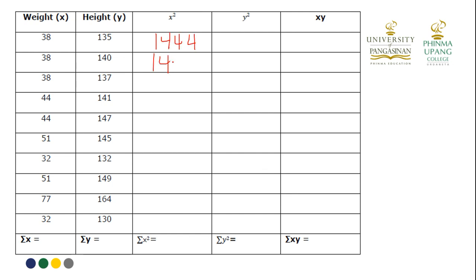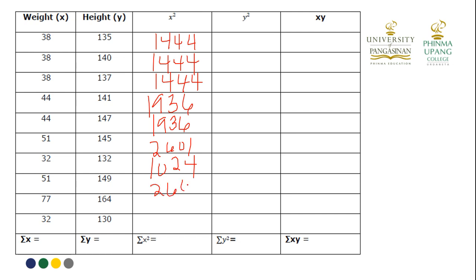How about 44? 44 squared is 1936. How about 51? 2601. Advance kayo ah. 32.